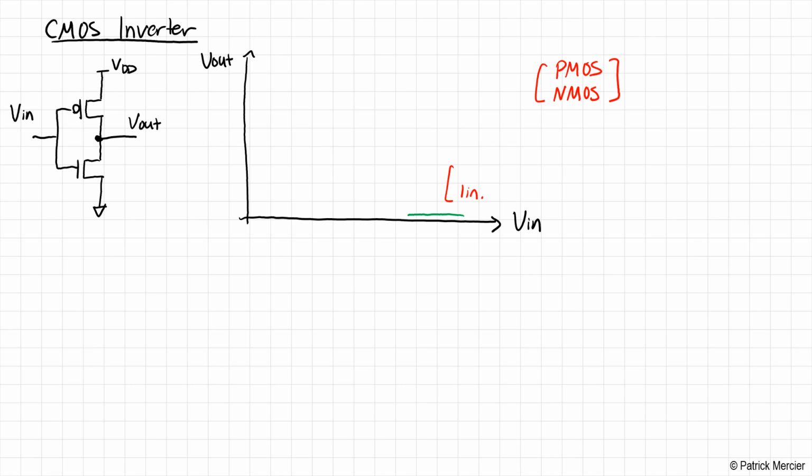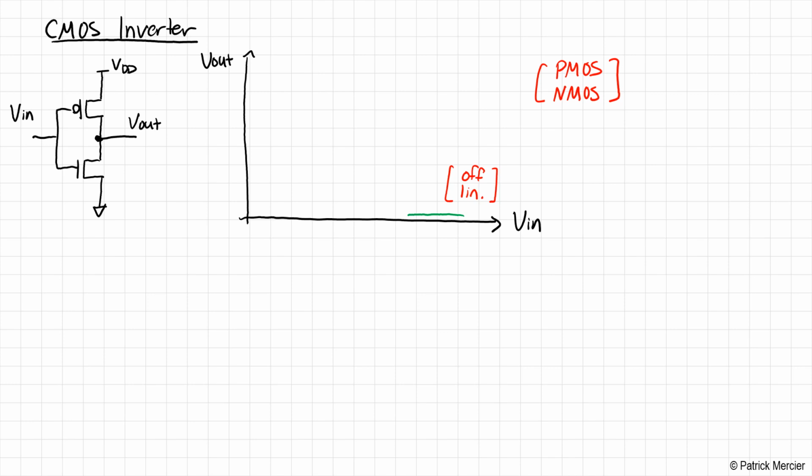What mode of operation is the PMOS transistor going to be in? Well, if Vin is close to VDD, that means VGS, or equivalently VSG for a PMOS transistor, if you prefer to think that way, is close to 0. So we're going to say that it doesn't matter what VDS is, the PMOS transistor is off. It's in the cutoff regime.